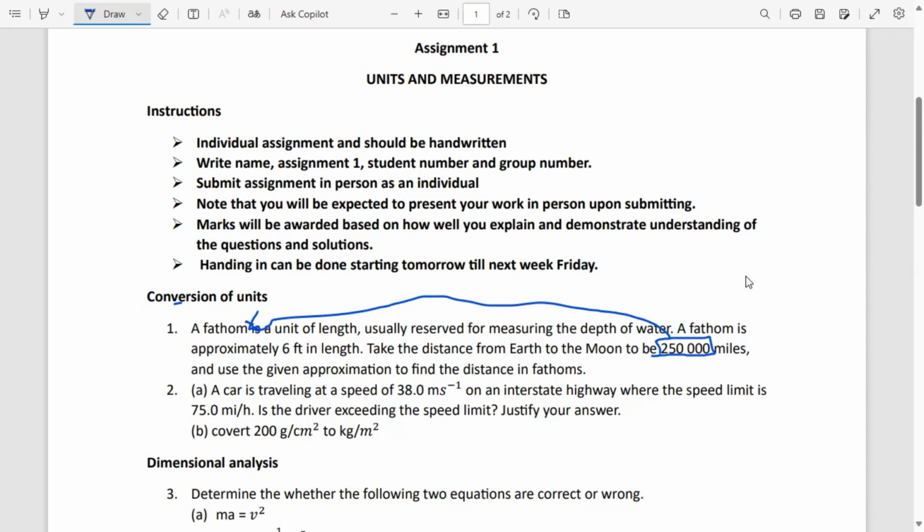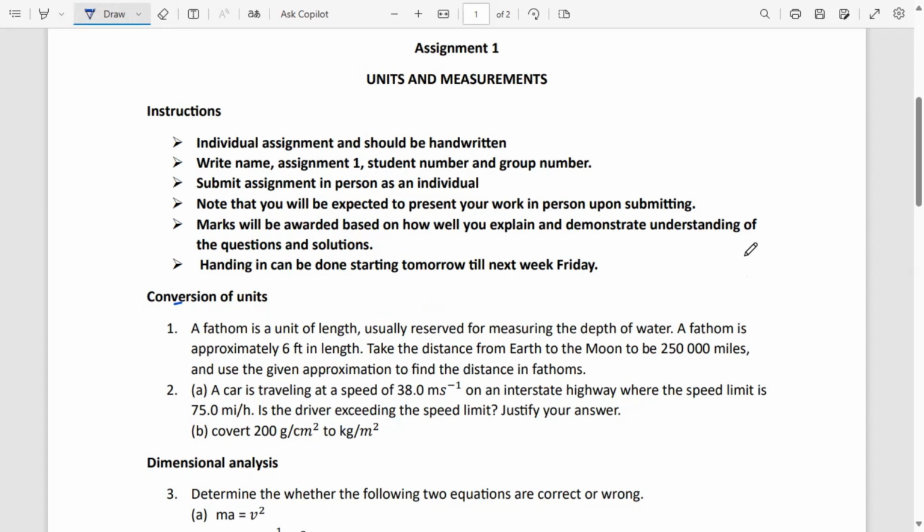So how can we approach this question first? We can find the conversion factor of miles to feet. Since they've told us a fathom is approximately 6 feet long, we can find a conversion factor which can turn 250,000 miles into feet.